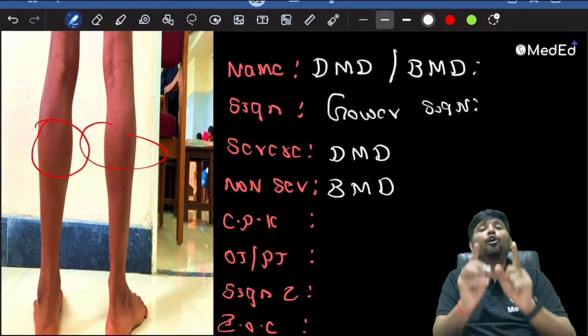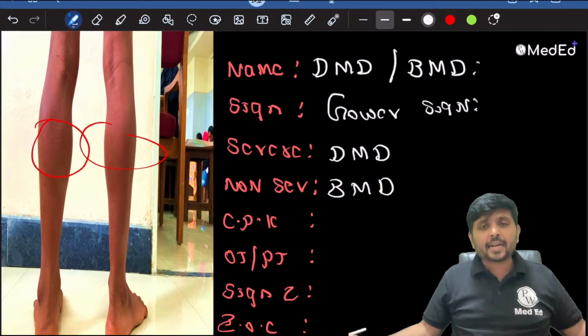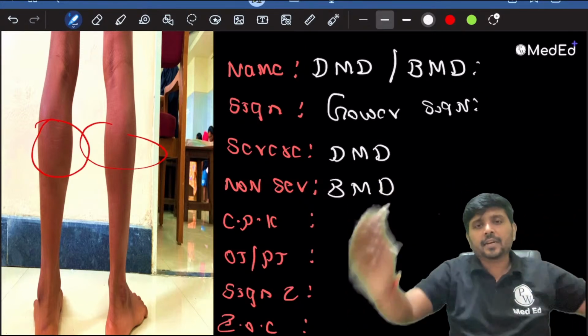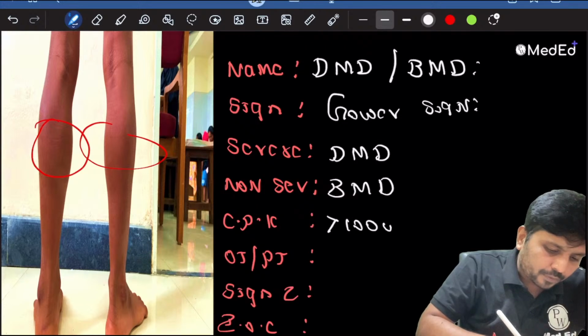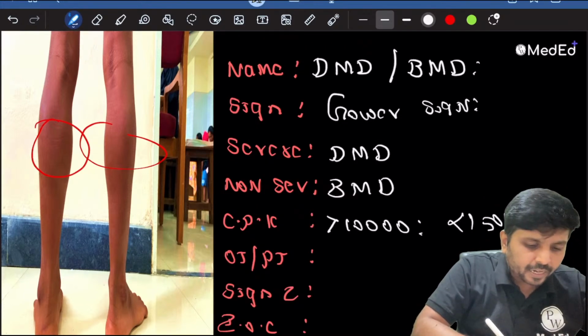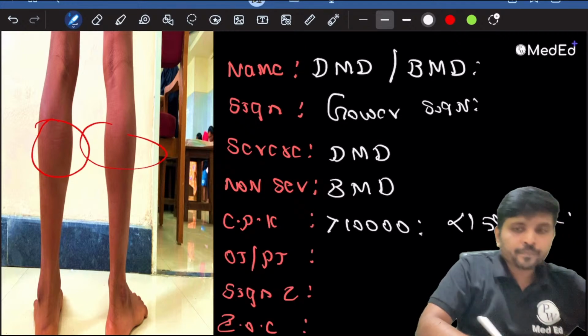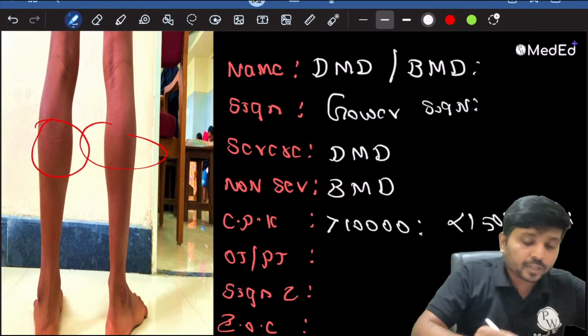Invariably, any boy who comes with proximal muscle weakness, inability to stand or inability to raise limbs, the first investigation of choice is CPK. It will normally be less than 150, because the muscle undergoes dystrophy and CPK will be released from the muscle.